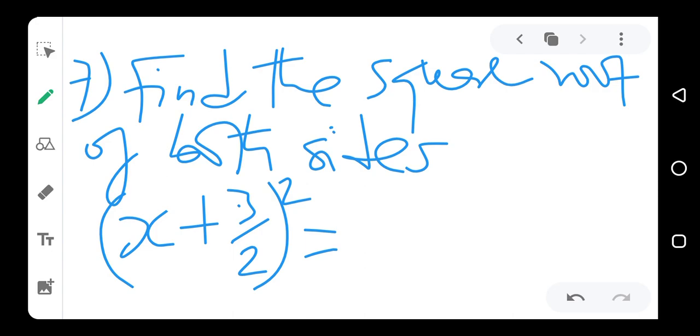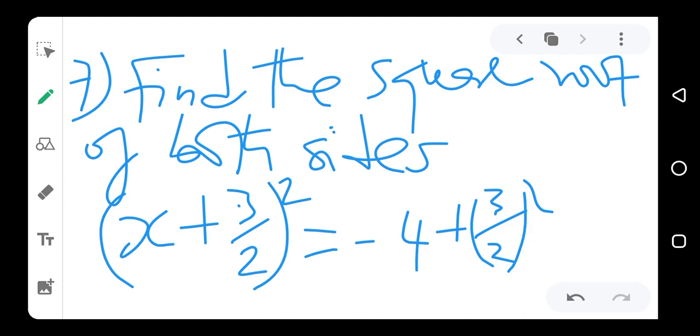Maybe it's plus 4 and we take it to the right hand side, it becomes minus 4. Now assuming that everything is equal to minus 4, remember we'll add the square of b to this side. Now what we are going to do, assuming that what you have in the right hand side is this, and now we have this in the left hand side.